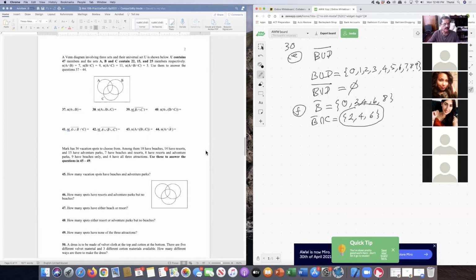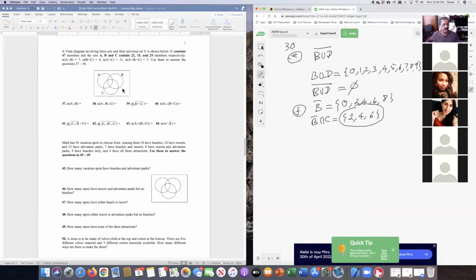If I'm doing any of those, I need to work out the numbers on the Venn diagram. So let's draw the Venn diagram. Let's clear the board.